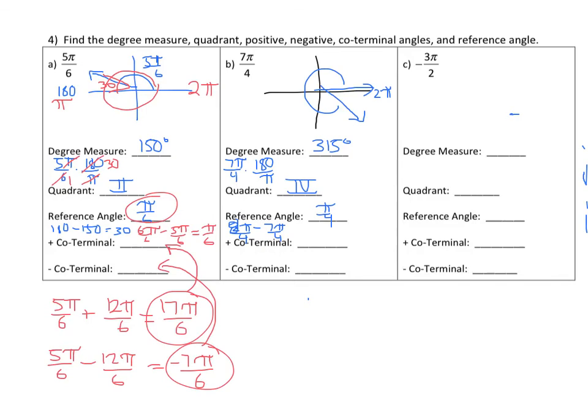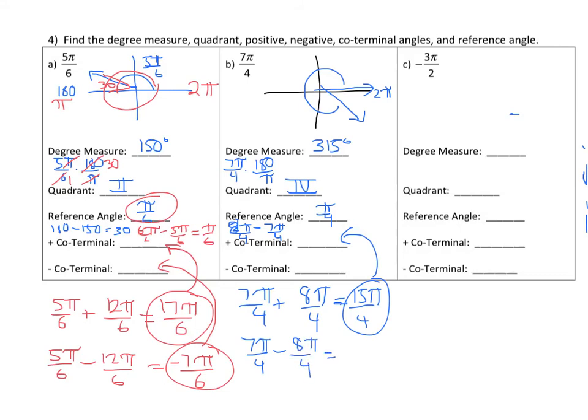The positive coterminal angle, I do 7 pi over 4 plus 2 pi, or plus 8 pi over 4, and that gives us 15 pi over 4. And for the negative coterminal angle, 7 pi over 4 minus a full circle, or minus 2 pi, would be minus 8 pi over 4, which is negative 1, or negative pi over 4.